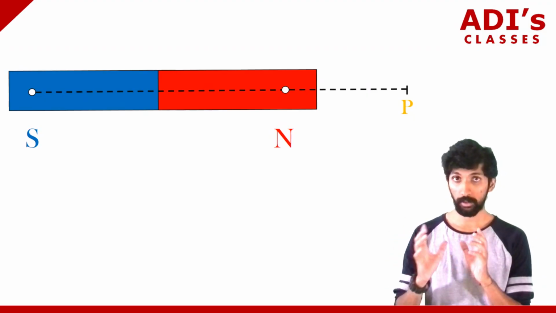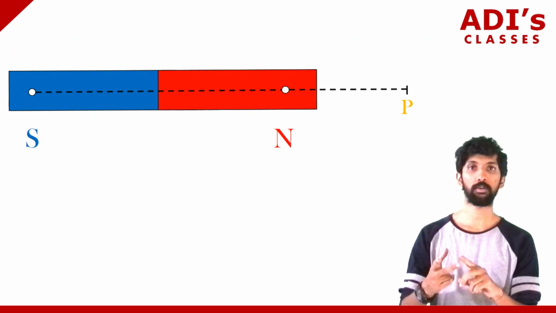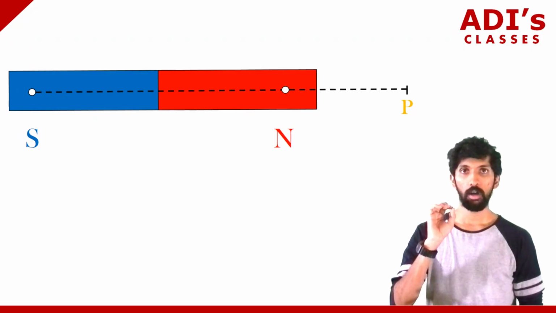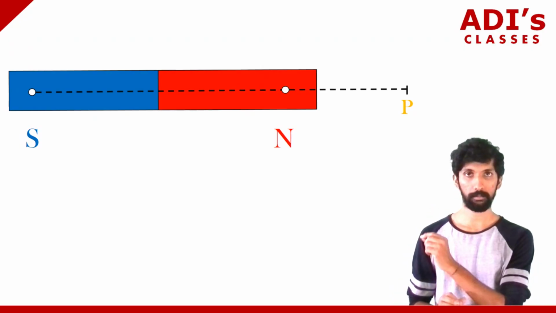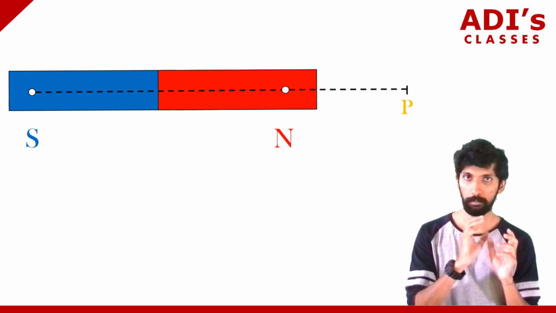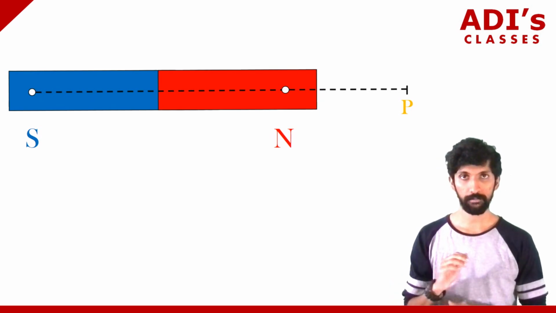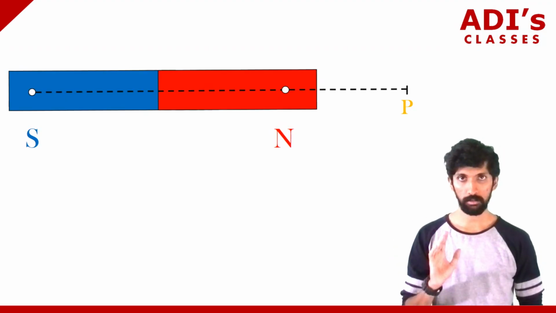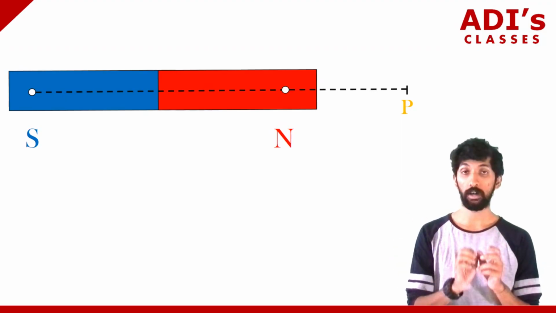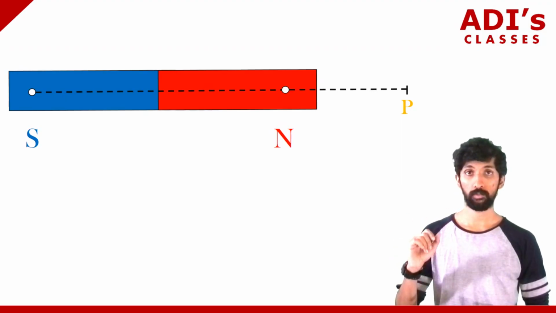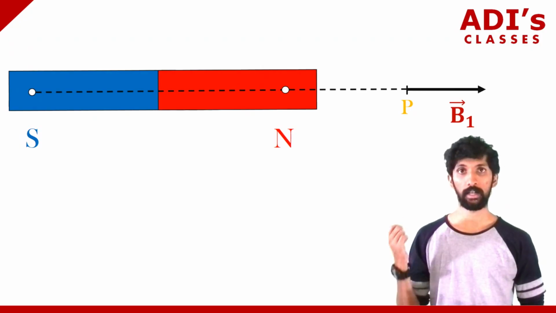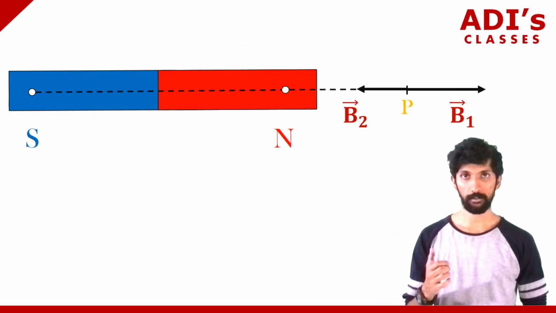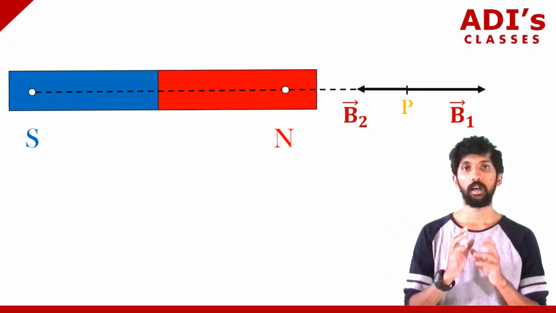Now if you carefully look at the figure, there are two poles, north pole and south pole, correct? At some point P we are taking on the axial line, both poles contribute. The north pole gives one magnetic field and the south pole gives another.